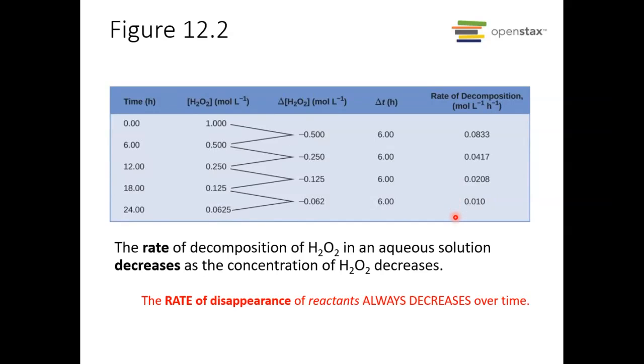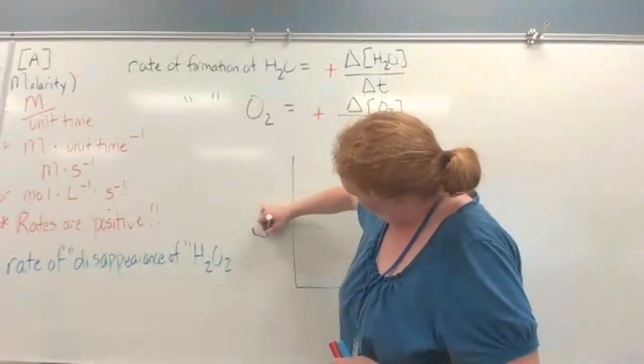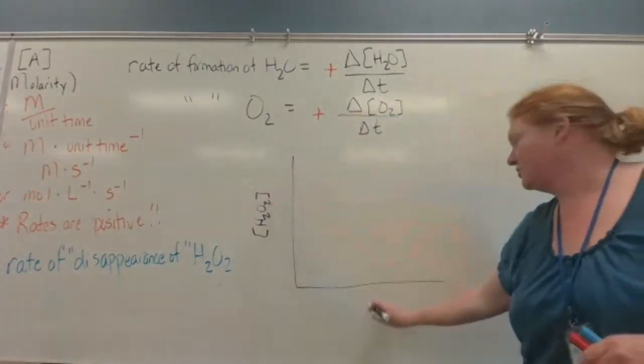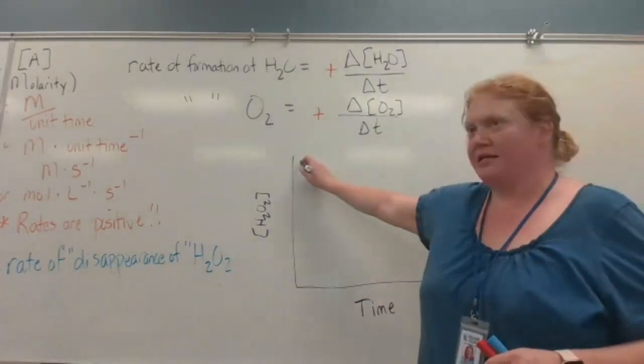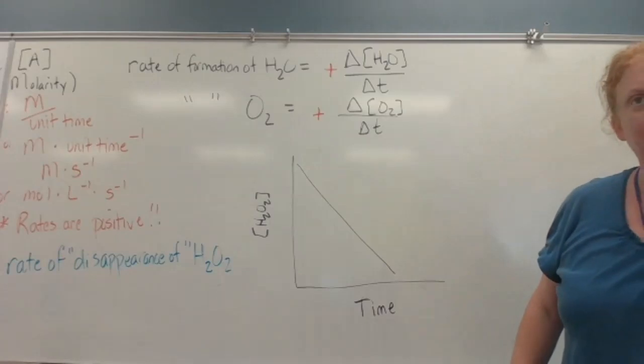Can y'all visualize what that would look like on a graph? Would it look like this? Okay, there's concentration, there's time. Is this a straight decrease, a linear decrease?